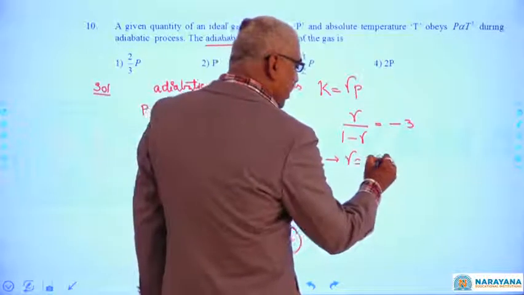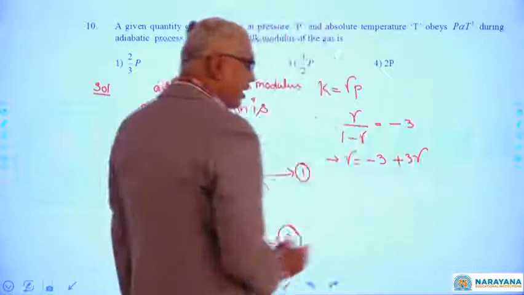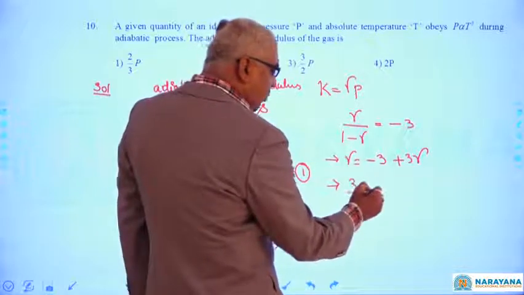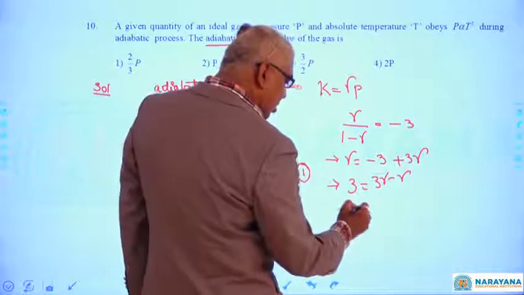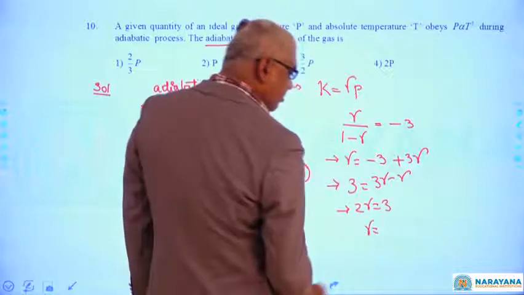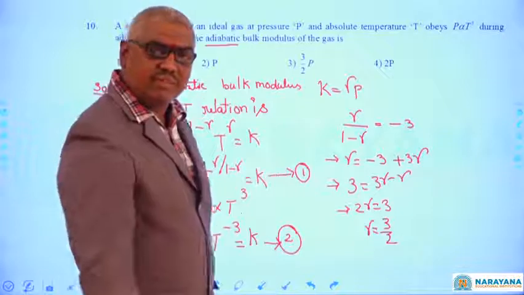Gamma equal to minus 3 plus 3 gamma. Is it clear? Minus 3 this side, gamma that side. 3 equal to 3 gamma minus gamma. How much is it? 2 gamma equal to 3. Gamma is given as 3 by 2.